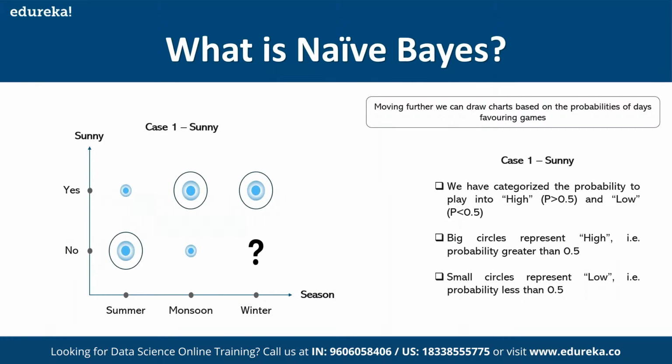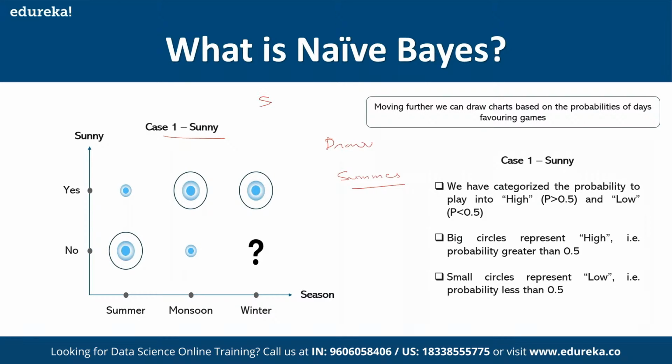Now it is not a linear problem, right? There are a lot of ifs and buts. Let's understand. If I draw a probability, suppose it is summer, and it is also very sunny.